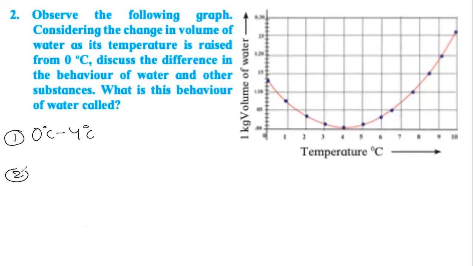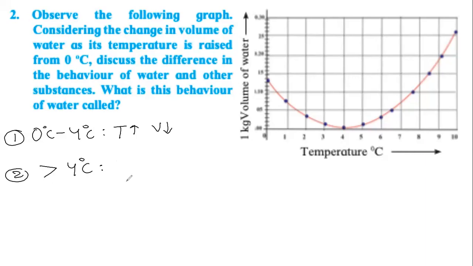Then the second point will be more than 4 degrees Celsius. Under the first point, you will say, as the temperature increases, the volume decreases. And this is not what happens in other substances. This happens only in case of water.